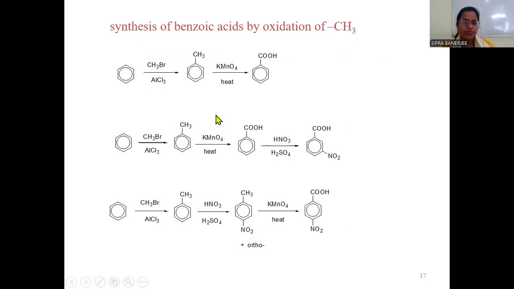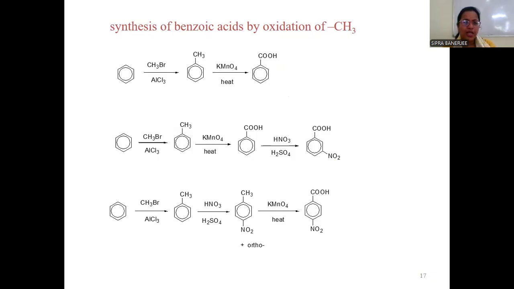Now, in the case of methyl bromide, you can see the product of alkylation. The methyl group will be added as a result, and it is reacted in the presence of KMnO4 and heat, then carboxylic acid, okay, benzoic acid. So again, the reaction goes on for the nitrobenzene, okay, benzene along with the nitro group is formed.